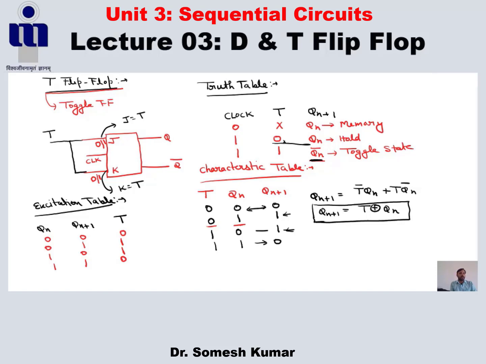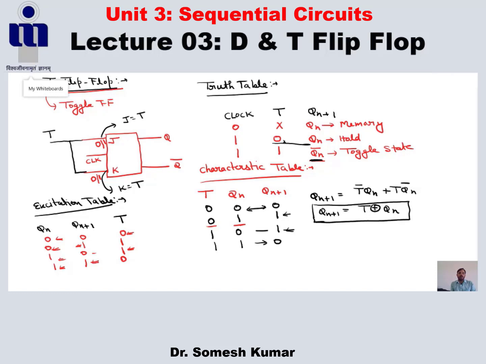So where Qn is 1, T should be opposite of this Qn, and in both cases this 1 should be the same as this Qn and this 0 the same as this Qn. So this is the excitation table of our T flip-flop.